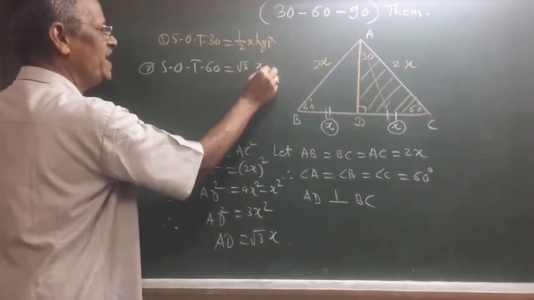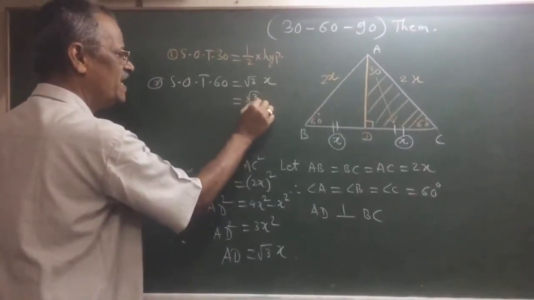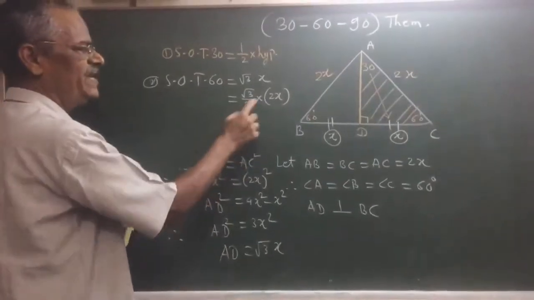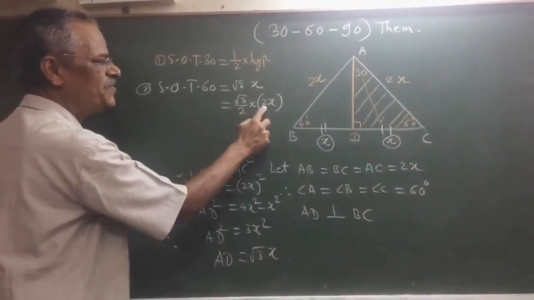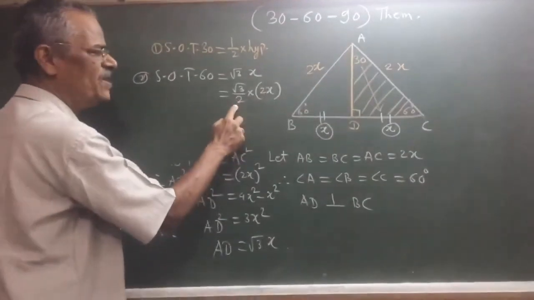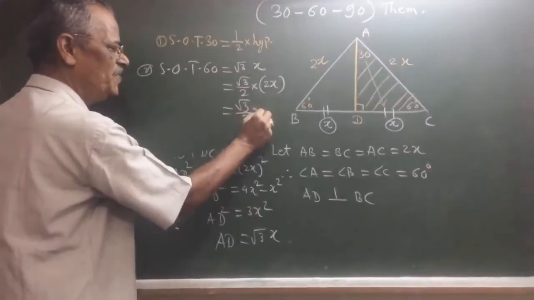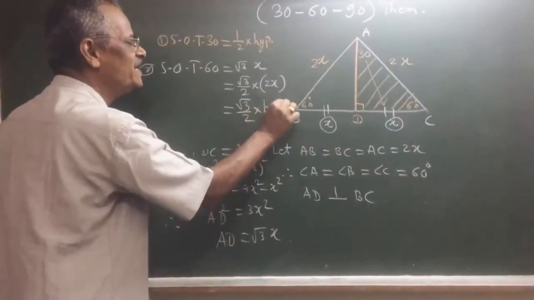Root 3 into x. But it is root 3 upon 2 into 2x. Very interesting. 2 divided by 2, the value is 1. So root 3 upon 2 into 2x, and 2x you can see is nothing but the hypotenuse.